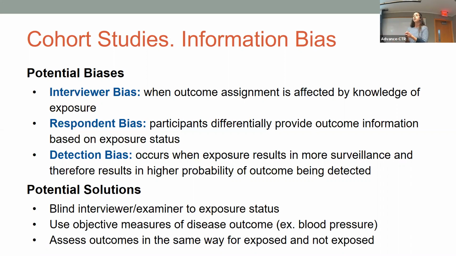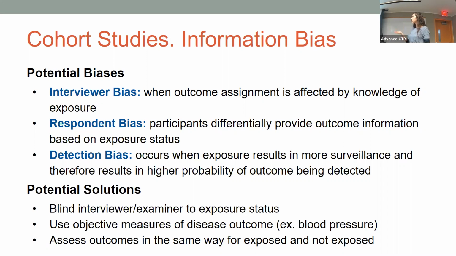Additionally, bias can also be introduced from the respondents. If you know that you've been exposed or not exposed, you might answer questions differently than someone who does not have the same exposure status as you, and that's going to impact results as well.